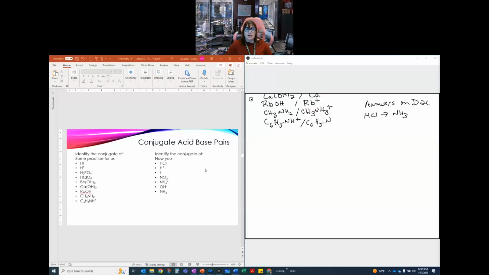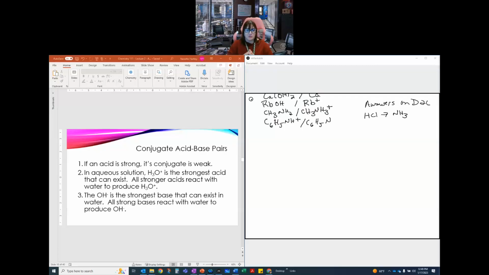When we do that, we're looking, again, at conjugate acid-base pairs. If an acid, like HNO2, it's going to have a conjugate of NO2 minus. And the question becomes, is NO2 minus a strong base or a weak base? Well, based on its K, I know that HNO2 is a strong acid.